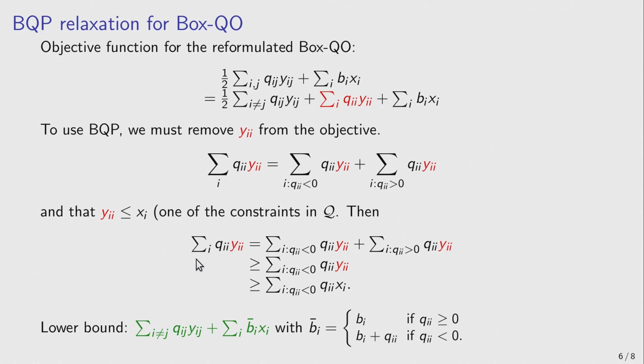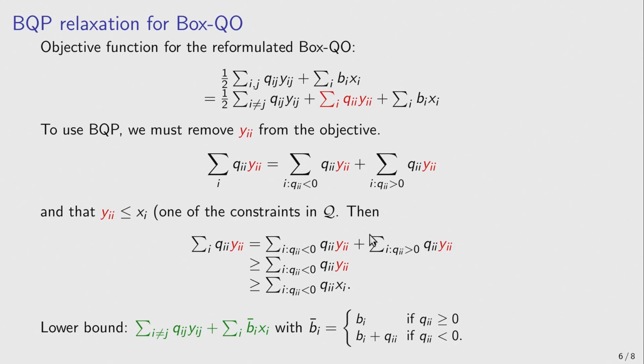This inconvenient term is equal to, where is it? The sum of two terms, the one with, as we just said here, the negative coefficients and the one with the positive coefficients, which, because these are positive coefficients and because Yii is a product between variables between 0 and 1, is itself also non-negative.